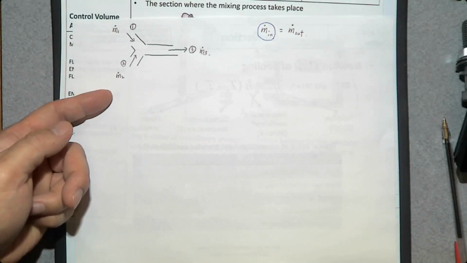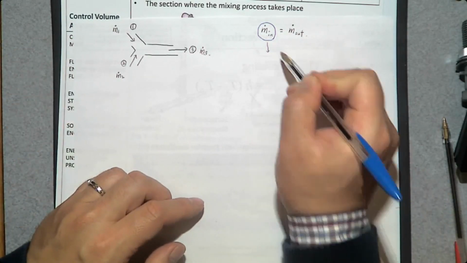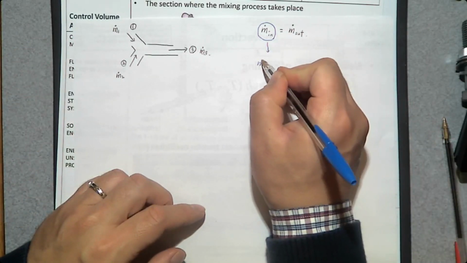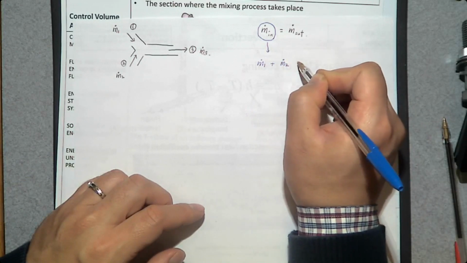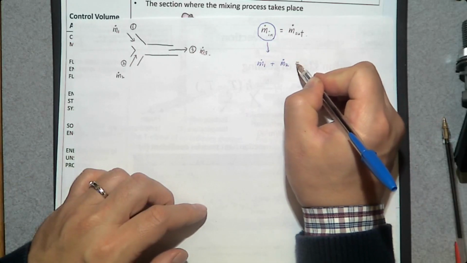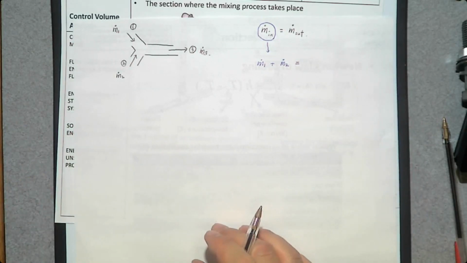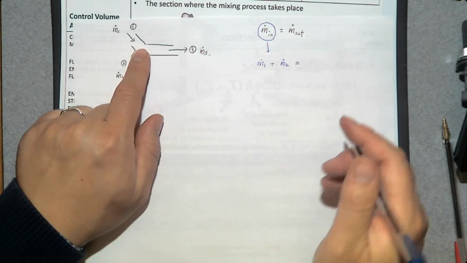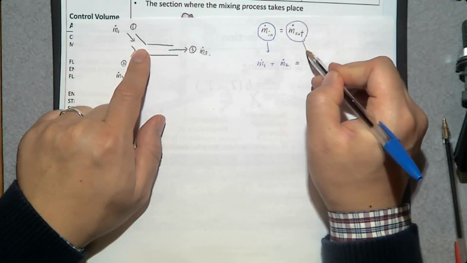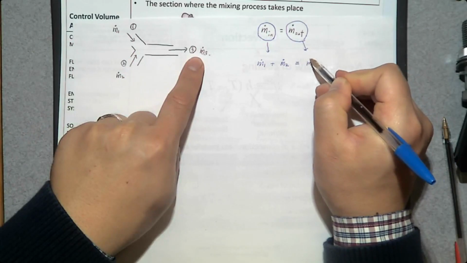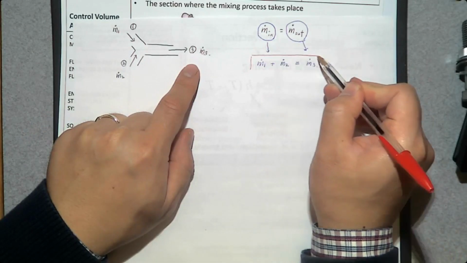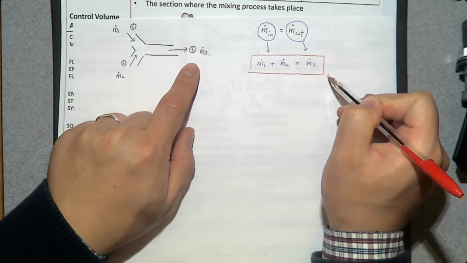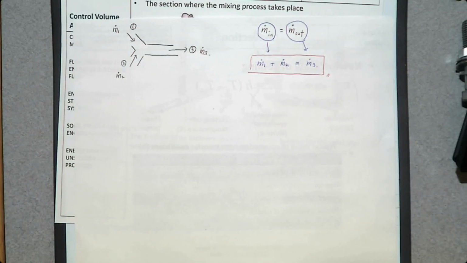Inlets 1 and 2, so m dot 1 plus m dot 2. This is the sum of the mass flow rates that go into this mixing chamber. And how many exits? Just 1, m dot 3. So this is the mass balance equation. Very easy, right?